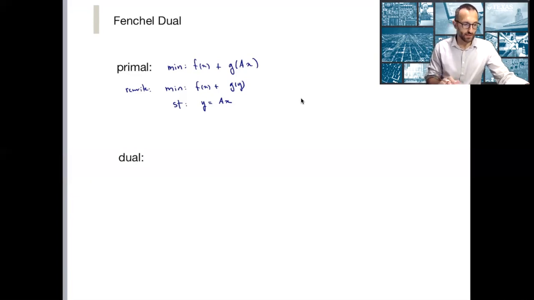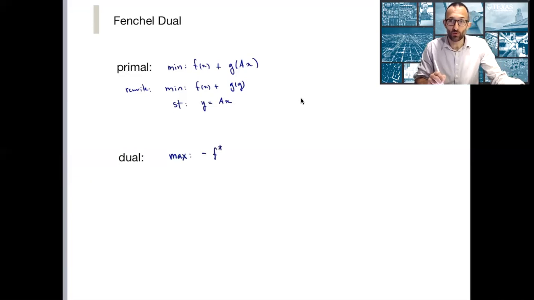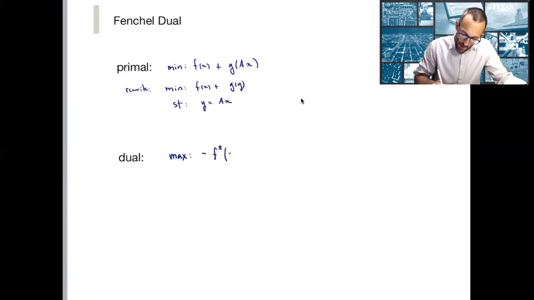We're going to see that the dual optimization problem to this is: maximize minus the Fenchel dual of f evaluated at minus A transpose z, minus the Fenchel dual of our function g evaluated at z.